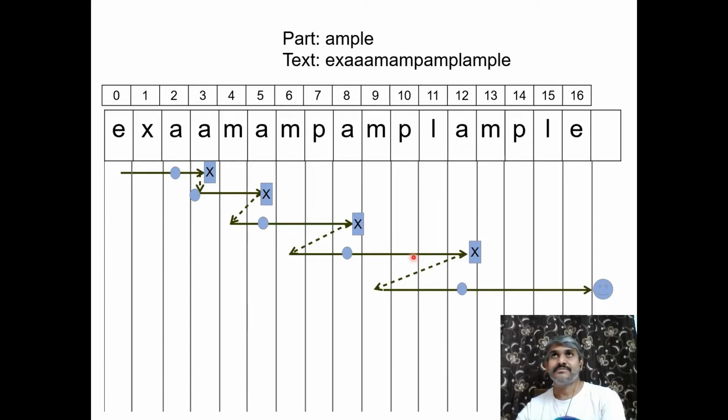I mean, we knew, but we never recorded it, so we don't have a memory of that. So we just forgot. So we are just going back, and then in a robust way, checking from one position after position 8. And finally, we hit upon A at position 12, and then we have a complete match of the character ample over here.